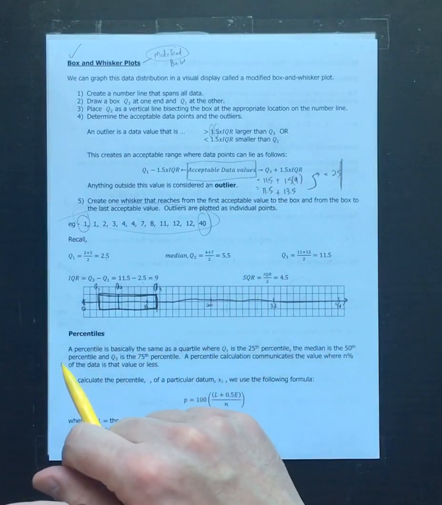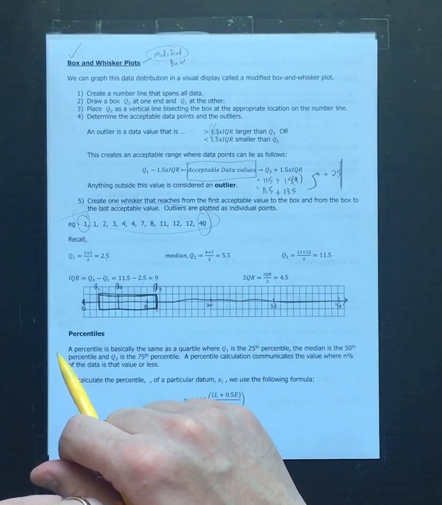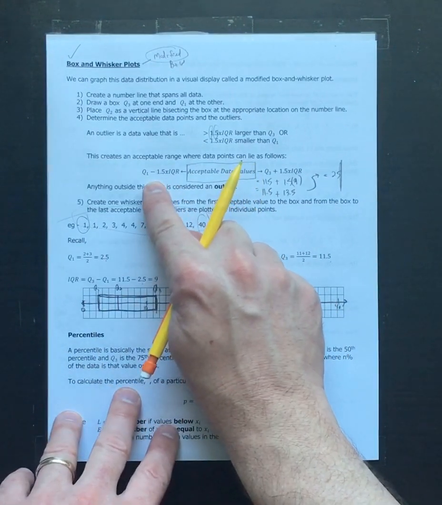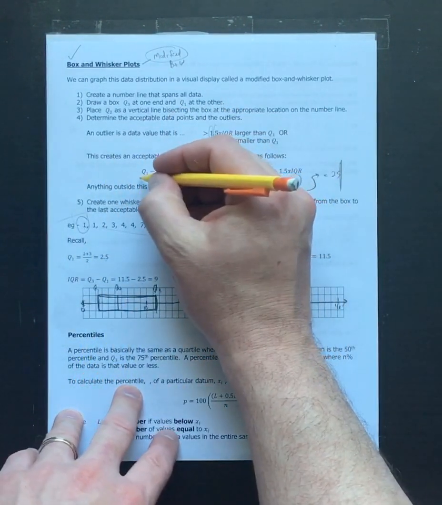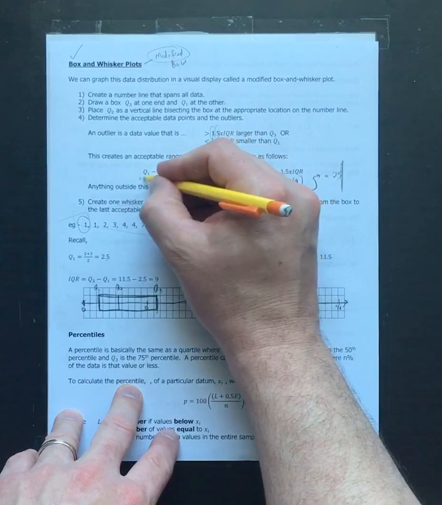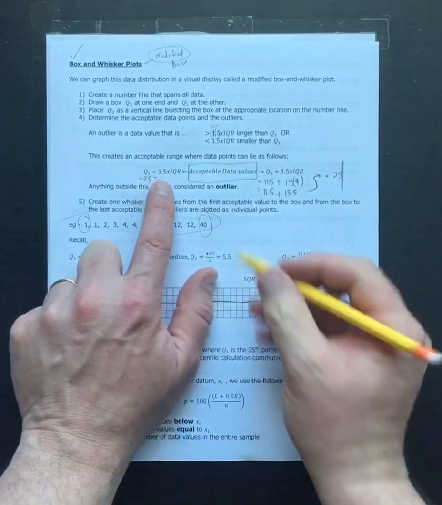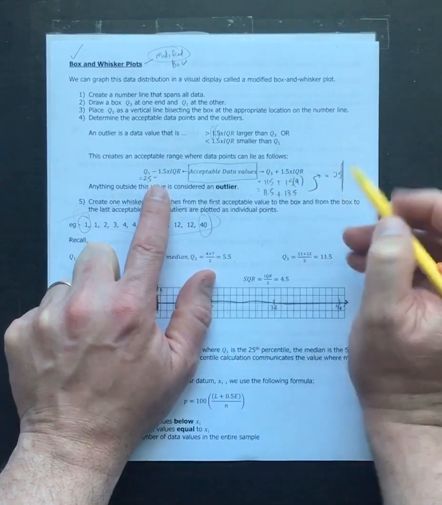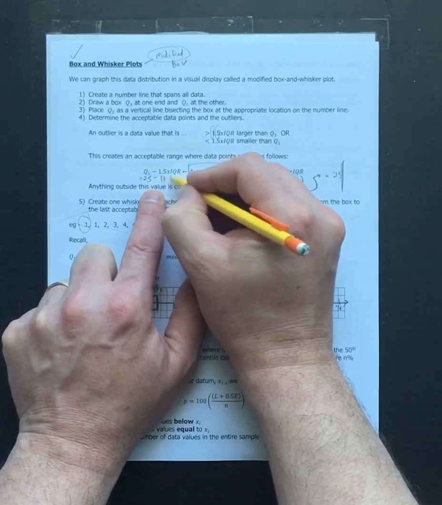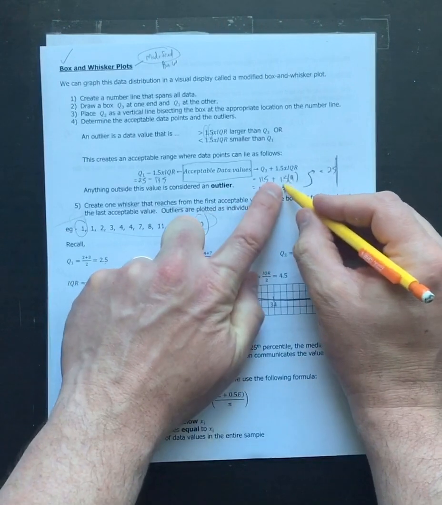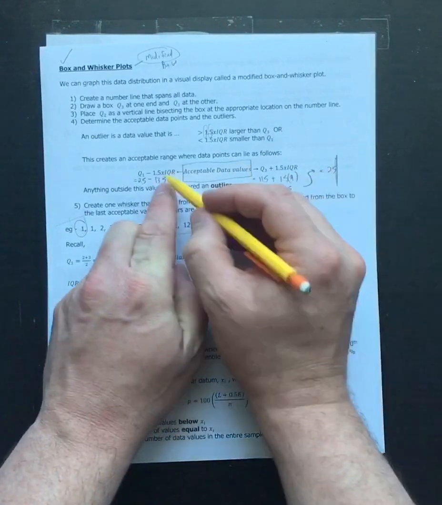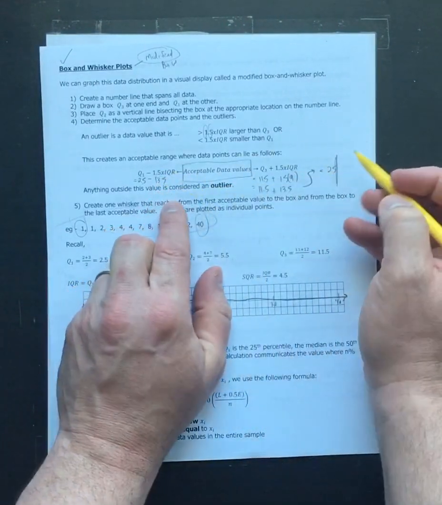So this creates an acceptable range. All right, I also have to do a range for Q1 below. So in other words, I have to do a range for both sides of what's acceptable. So Q1 is 2.5, and I subtract 1.5 times my interquartile range. Now this is the same number as this 13.5, so I'm just going to skip a step for the purposes of space, but 1.5 times 9 is 13.5.